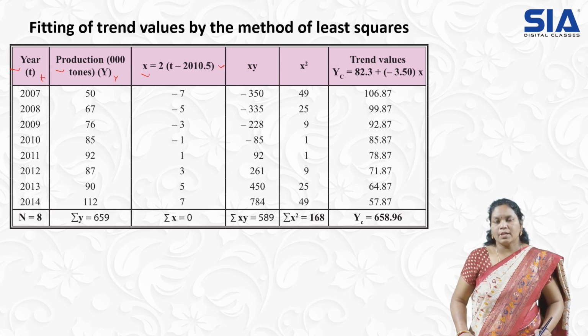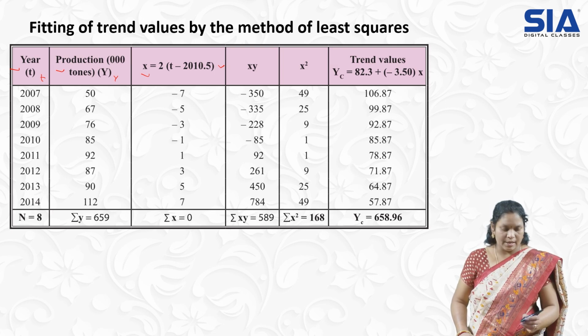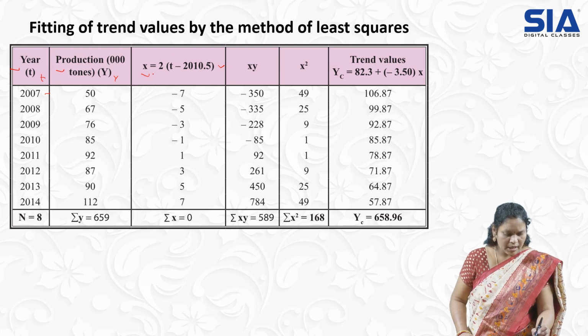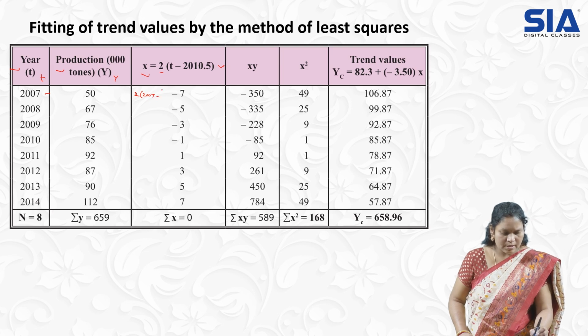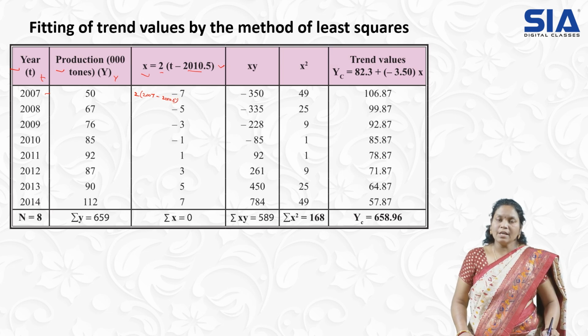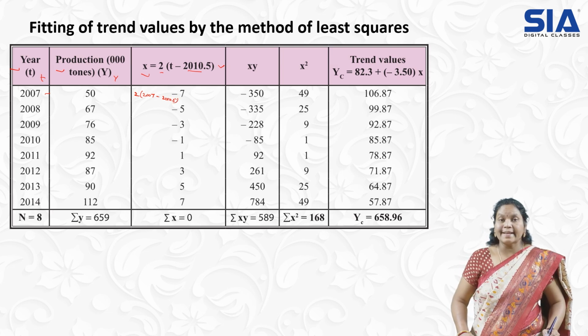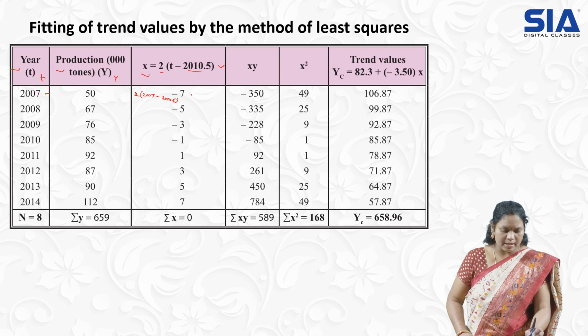That becomes the formula to obtain x values. So go for the years and subtract that value. Take 2007 as T, with 2 before it: 2 into 2007 minus the average value 2010.5. In this way we'll obtain the value. Do it with the calculator, and you'll get the answer as minus 7.